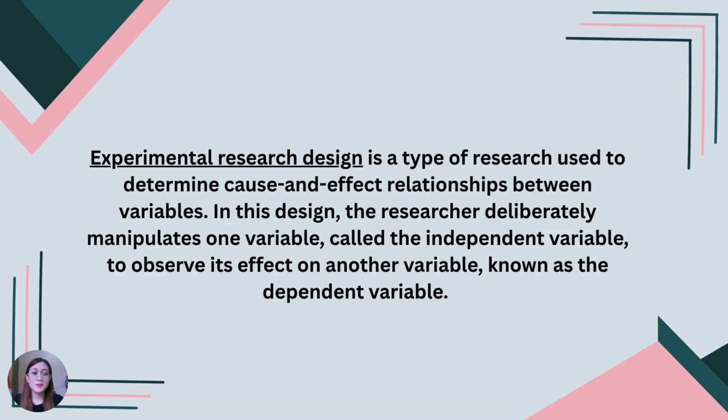So, what is experimental research design? Experimental research design is a type of research used to determine the cause and effect relationships between variables. In this design, the researcher deliberately manipulates one variable, called the independent variable, to observe its effect on another variable, known as the dependent variable.